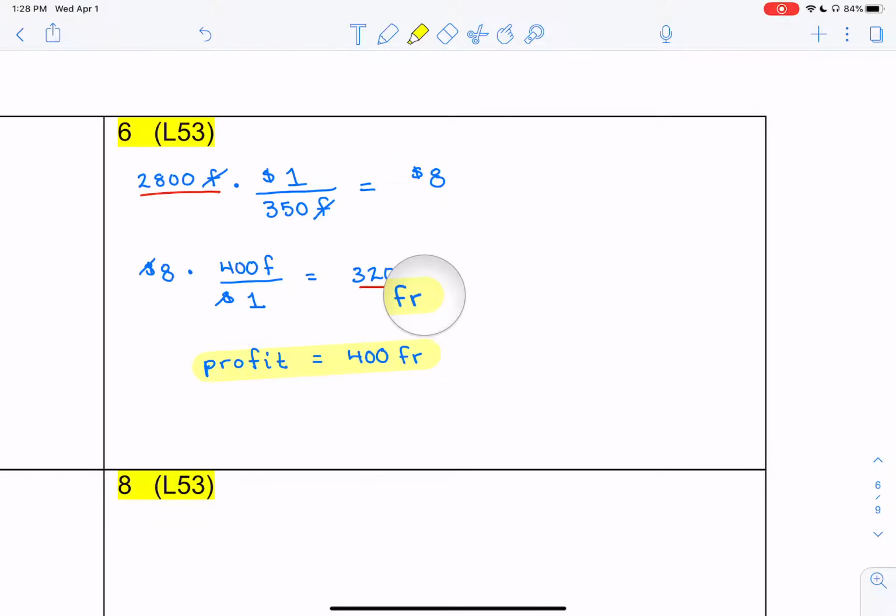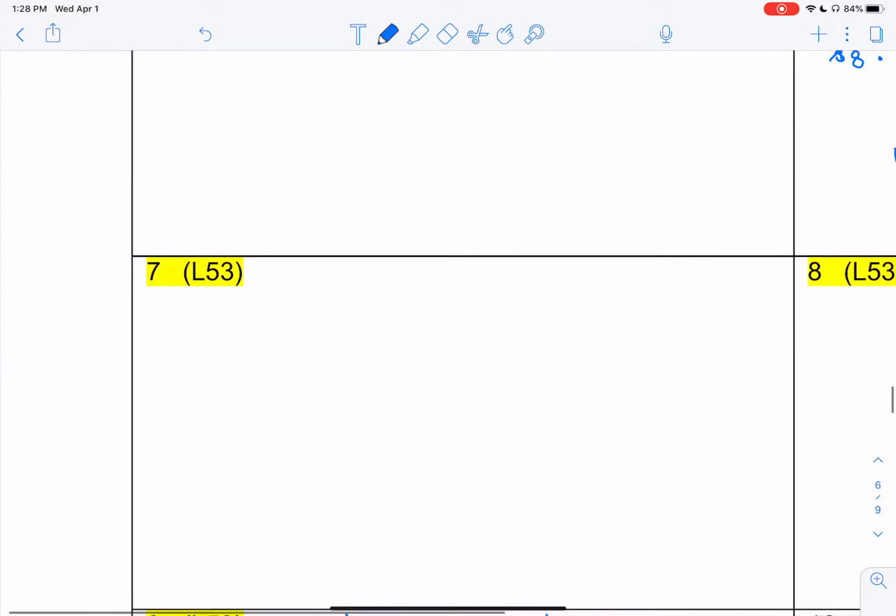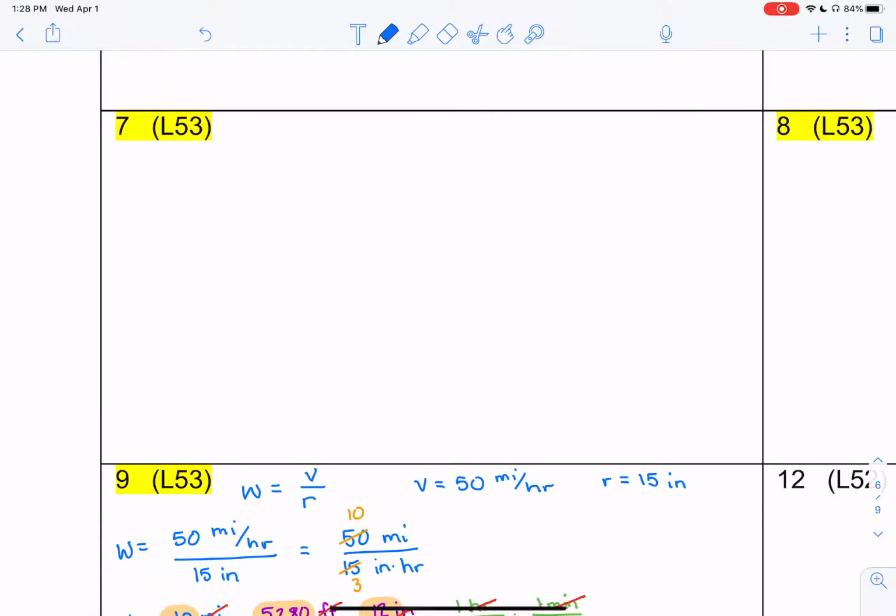All right, and then let's go ahead and try number 7 together. And question 7 is converting 50 miles per hour to centimeters per minute. So we're starting with 50 miles per hour, and we're converting over to centimeters per minute.